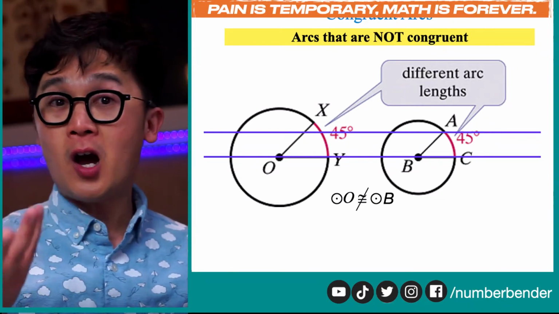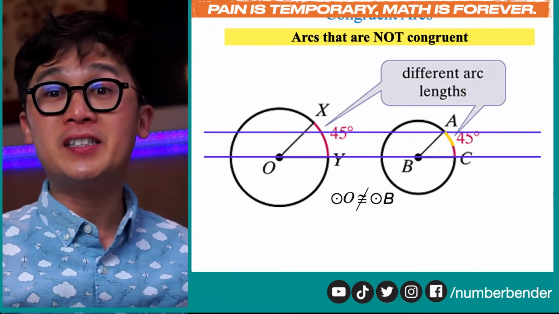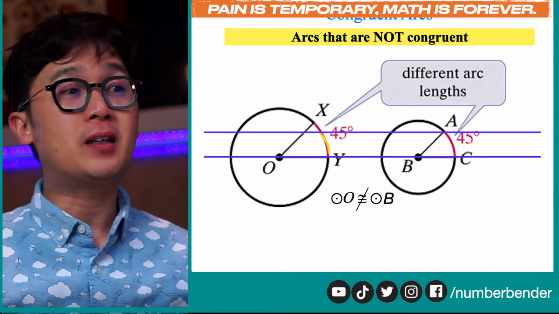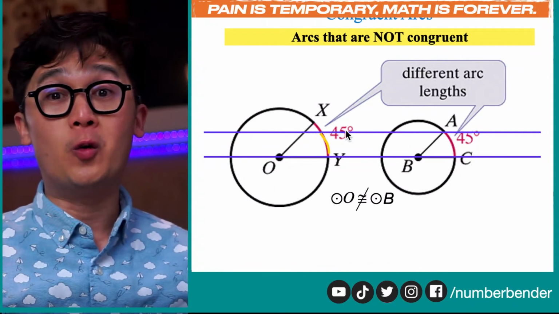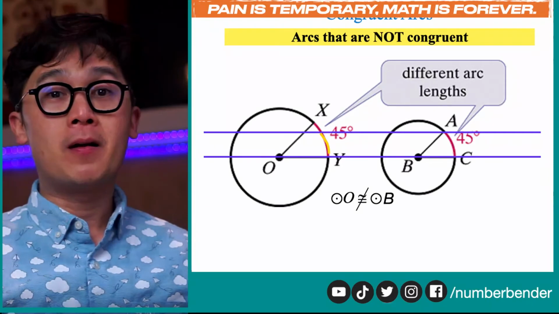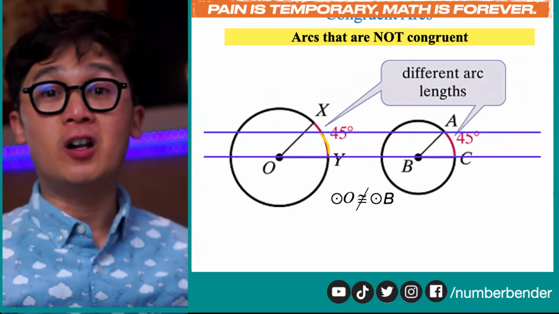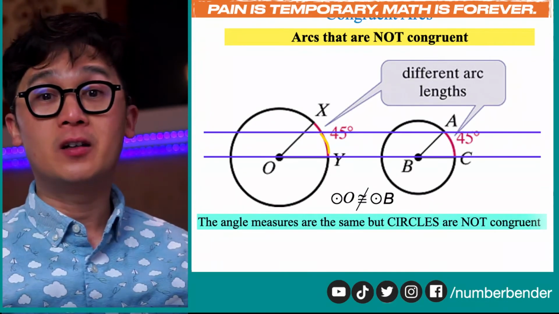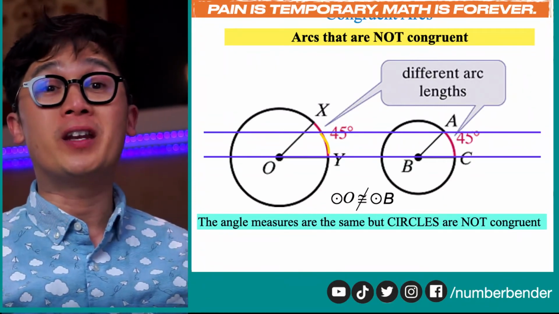By just observation and with this illustration, the arc length of AC is not going to be the same as the arc length of XY, because it's still missing a little piece right here, since we have a bigger circle for O compared to B. So remember, even if they have the same arc measure, it doesn't mean that they will also have the same arc length, because the two circles are not congruent. Circles that are not congruent will not produce congruent arc lengths.